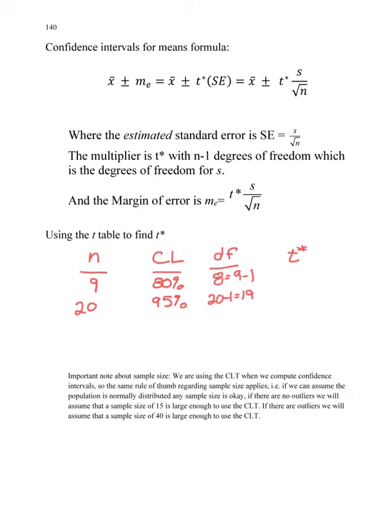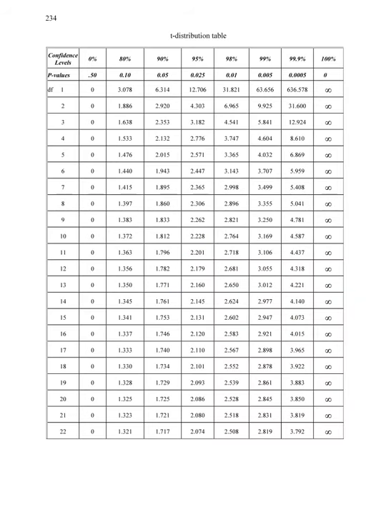Okay, so in the back, on the pages immediately preceding the normal distribution, in both the orange book and the blue book, is a t-table. And I think you're going to find that this is much easier to use than the normal table. On this table, each row represents one t-distribution. Remember, there are many, many t-distributions.